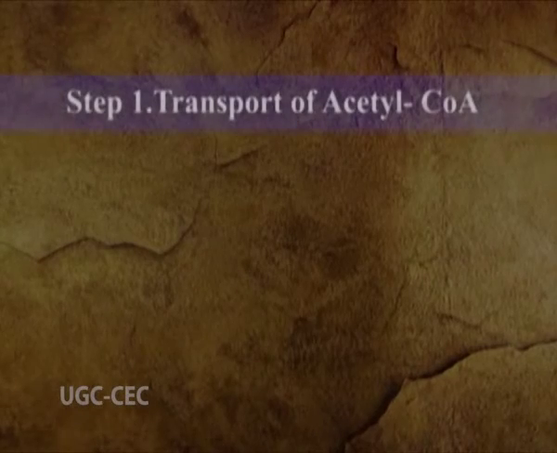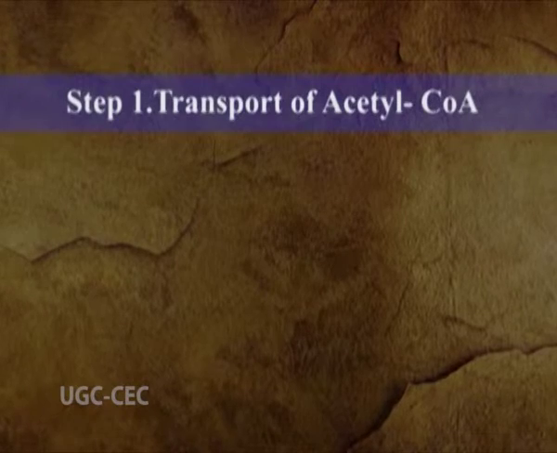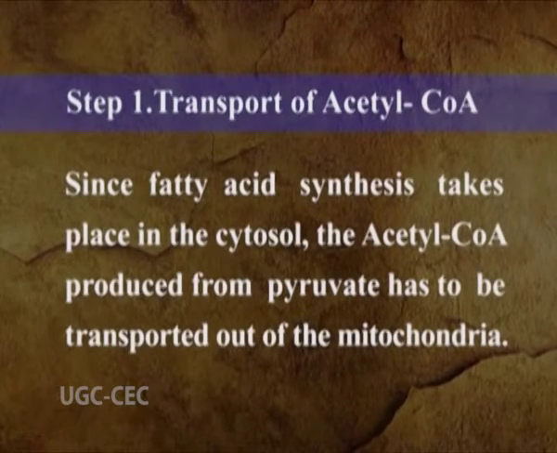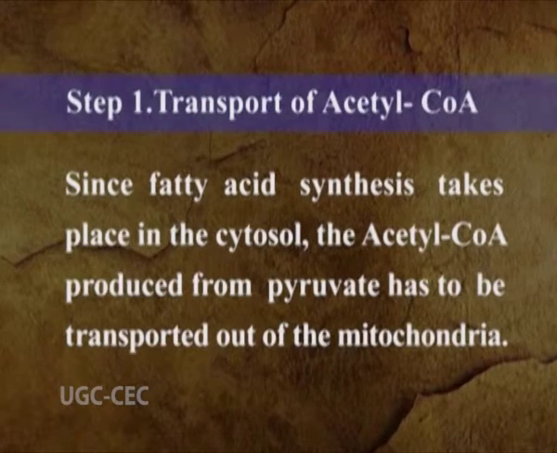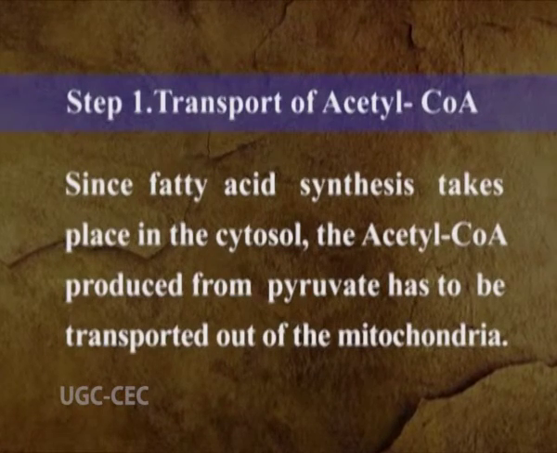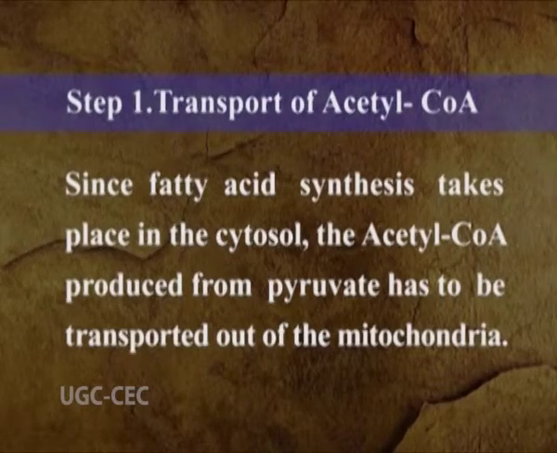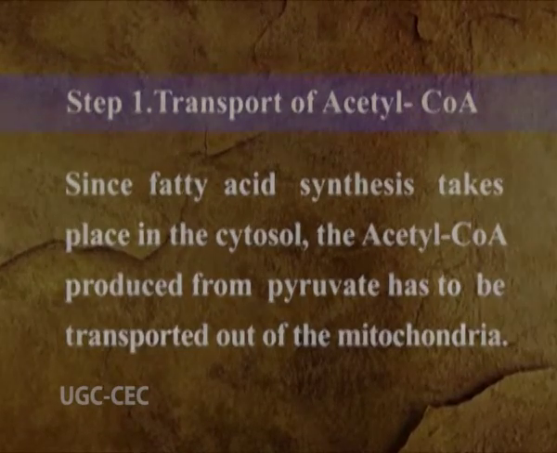First step is transport of acetyl-CoA. Since fatty acid synthesis takes place in the cytosol, the acetyl-CoA produced from pyruvate has to be transported out of the mitochondria. However, the inner mitochondrial membrane is not permeable to this compound.